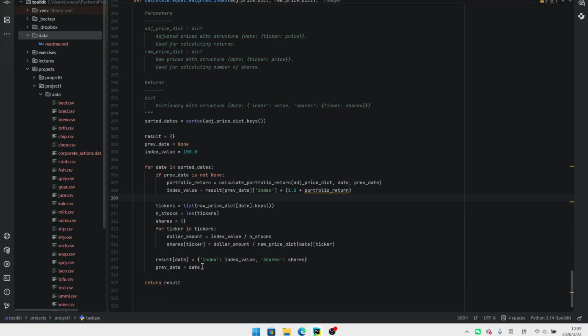Lot date is index value, share ticker is dollar amount, first date with a date.